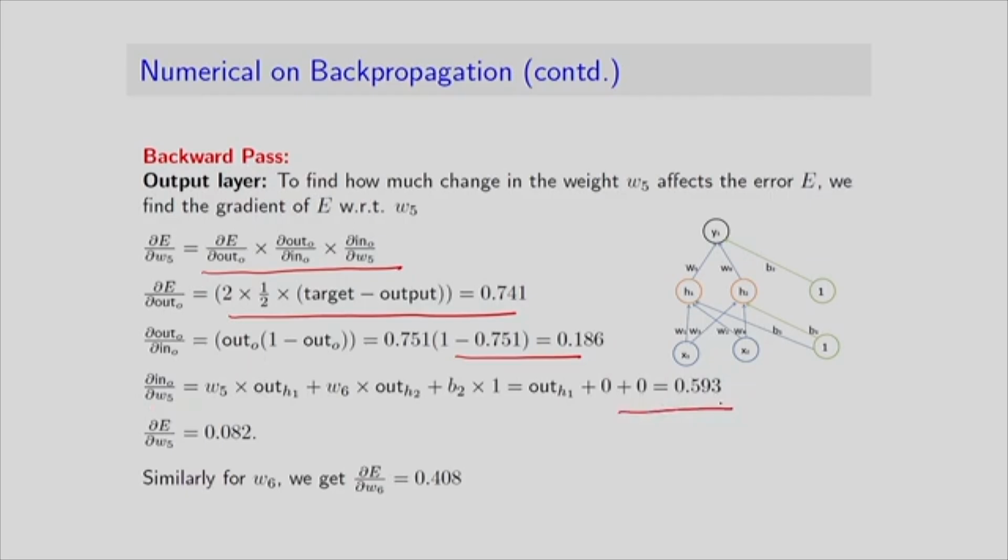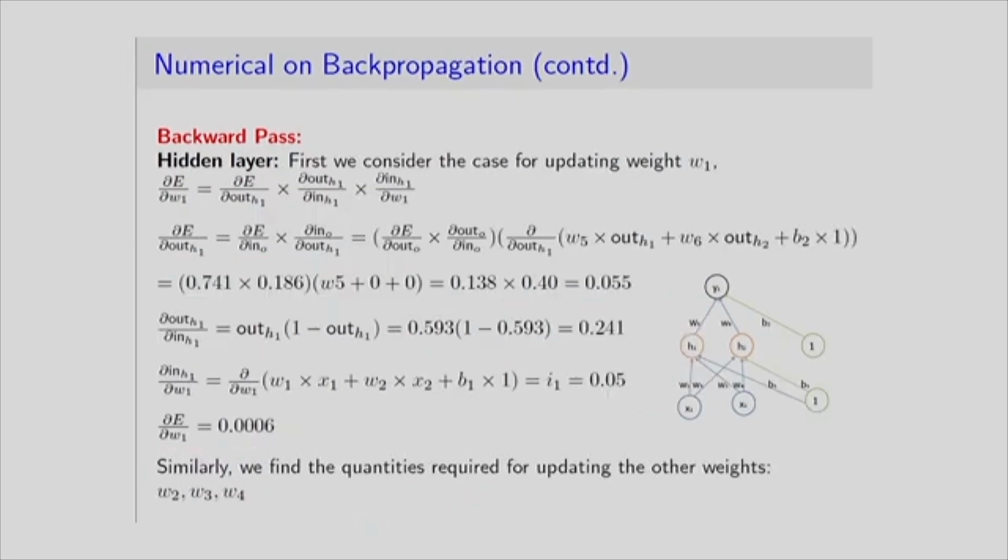So the values are 0.741, 0.186 and 0.593, and finally I can determine delta E divided by delta W5, that is equal to 0.082. Similarly I can determine the weight W6, that is 0.408. So like this, during the back propagation, I can determine all the weights W6, W5.